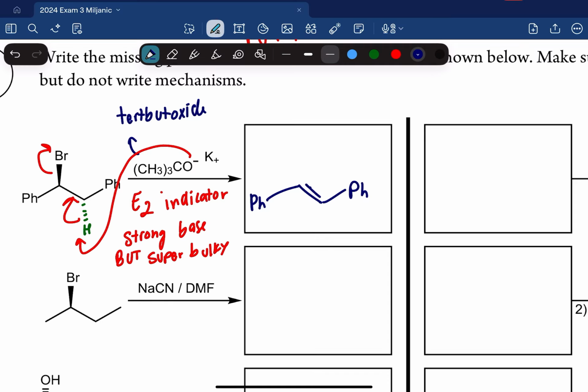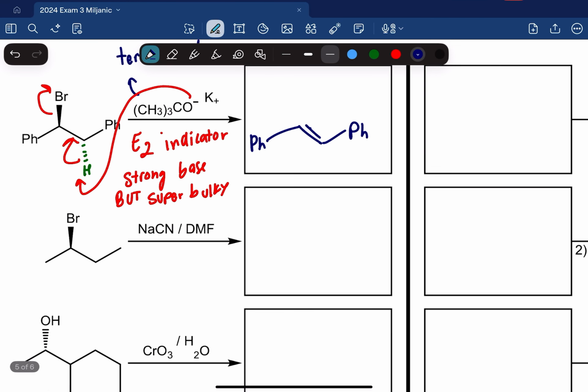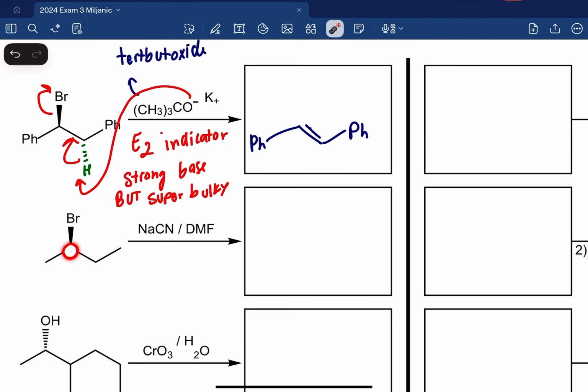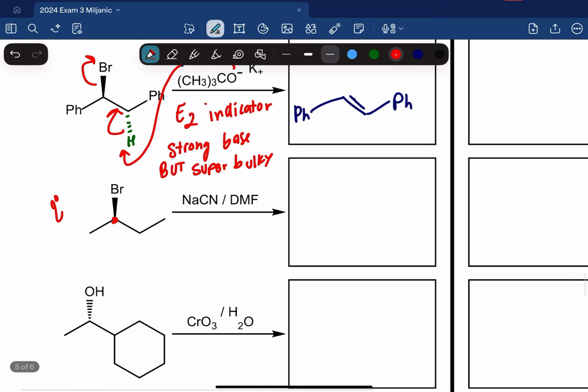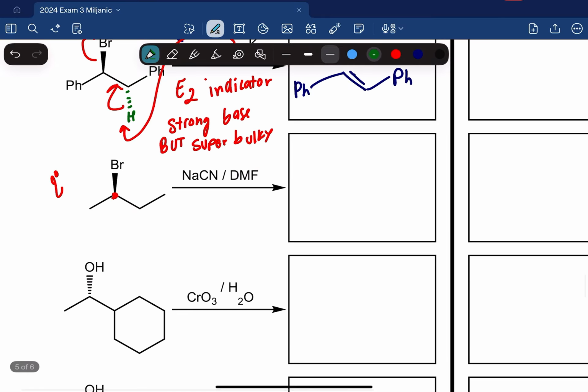Okay. Now we'll go down to this one. So here we see we have a secondary carbon. So I would write that down. So this is secondary, which doesn't really tell you anything about SN1, E1, SN2, E2. But it's always good to note that. Then we can see what we're reacting with. So we see NaCN.